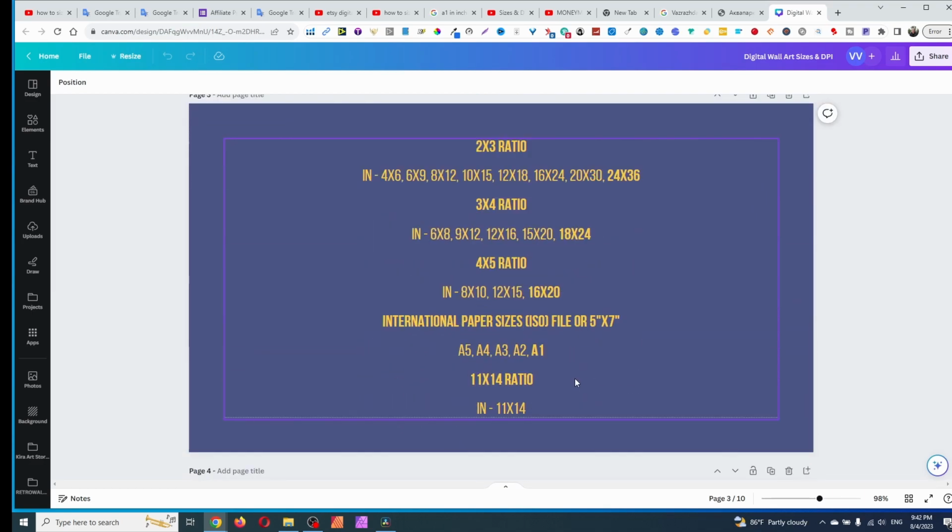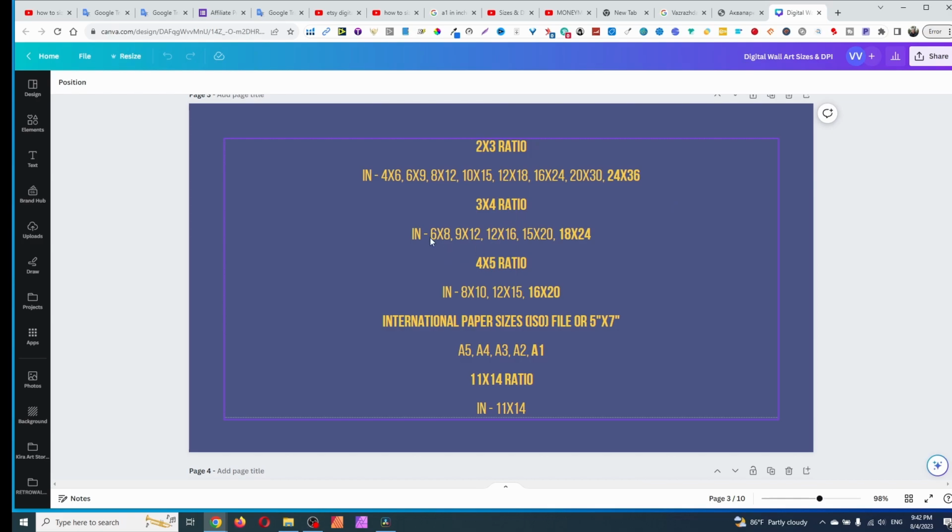Any ratio has different dimensions, and here you can see the 2x3 ratio has 4x6 inches, 6x9 inches, 8x12, 10x15, 12x18, 16x24, 20x30, and 24x36.